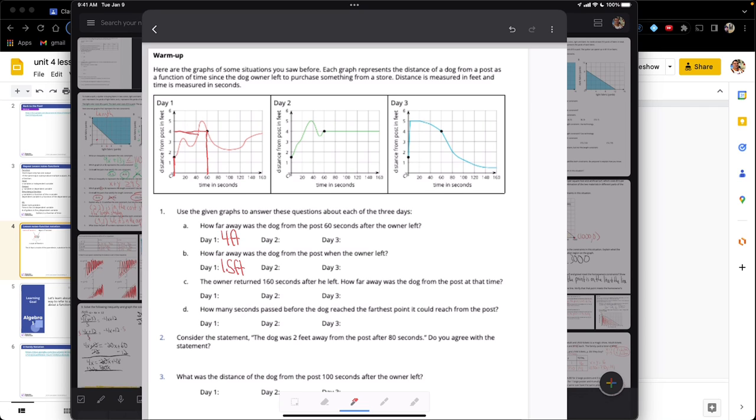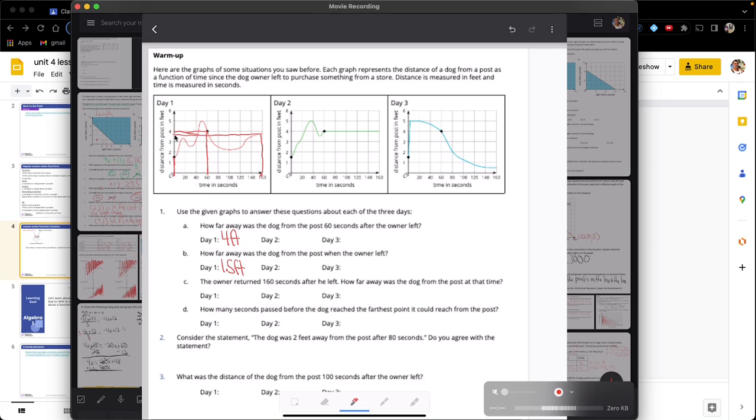The owner returned 160 seconds after he left. How far away was the dog from the post at that time? So 160 seconds is here. So if we kind of line up here, it looks like it's somewhere between 3 and 4. But it looks to me like it's a little bit closer to 4 than it is to 3.